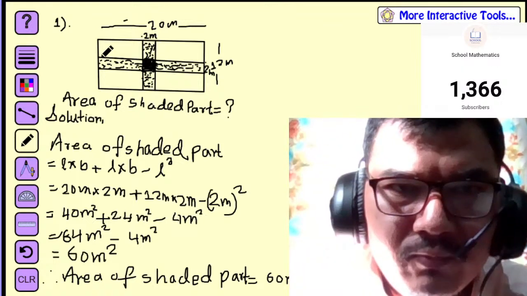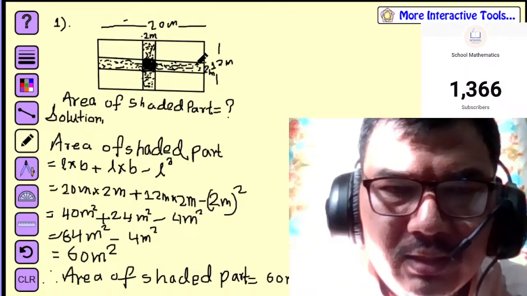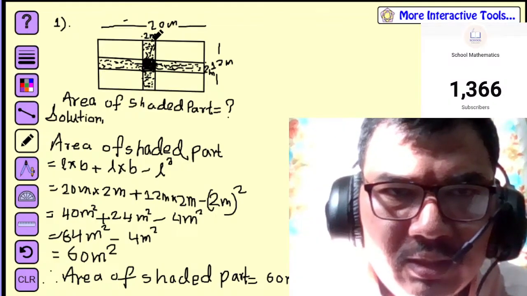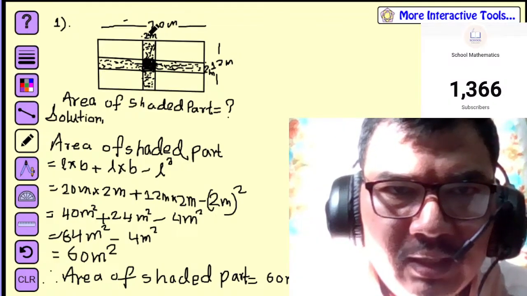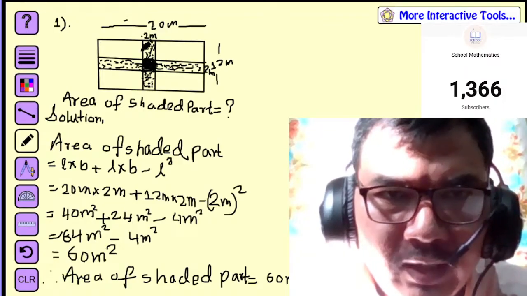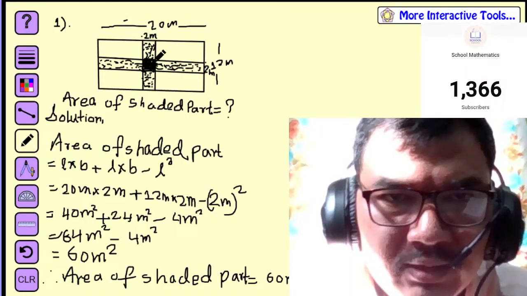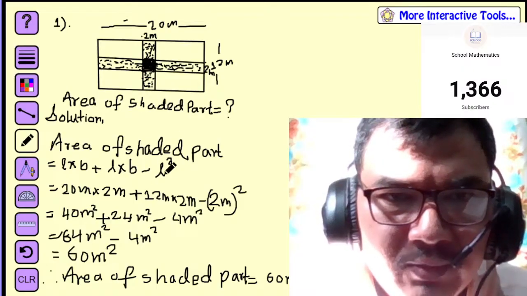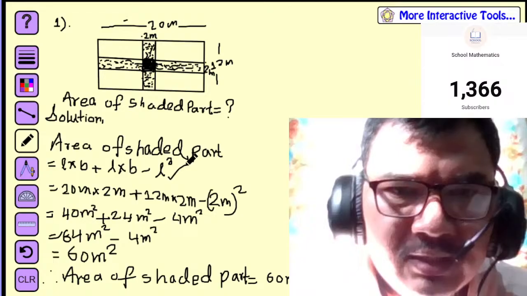Once again I repeat, for this one along the length, the path is 20 and the breadth is 2, and along this breadth, the length of this path is 12 and the breadth is 2. Then while drawing these two paths, this part is repeated, that repeated part is in square form, and we have to subtract it.